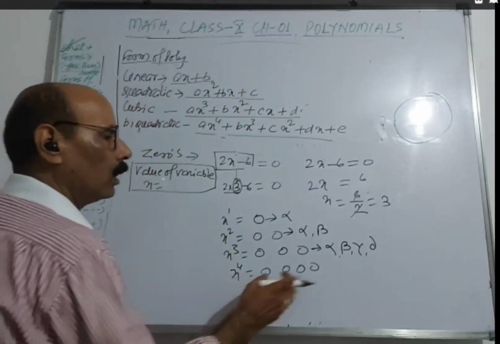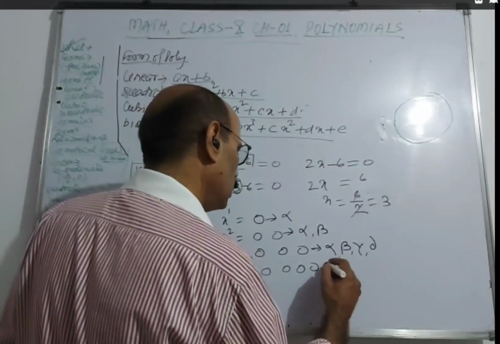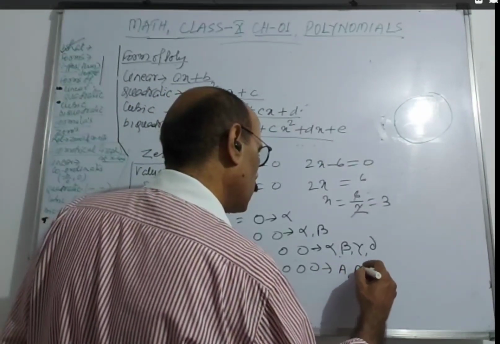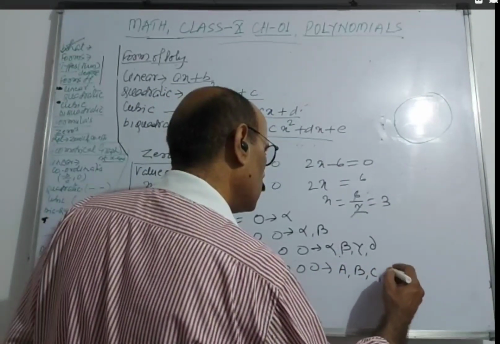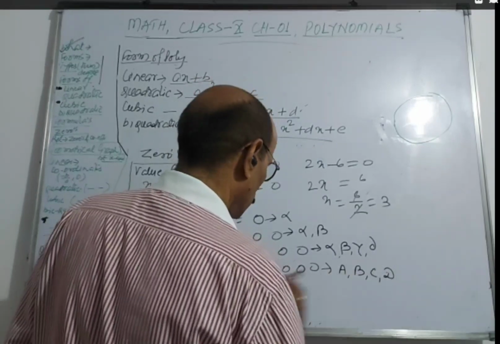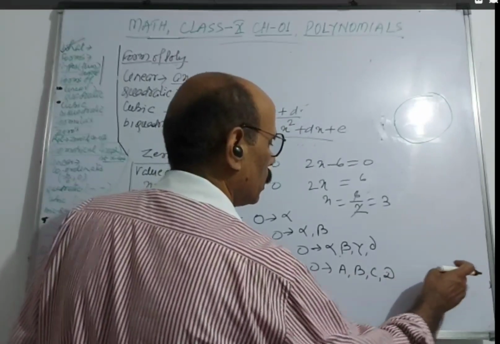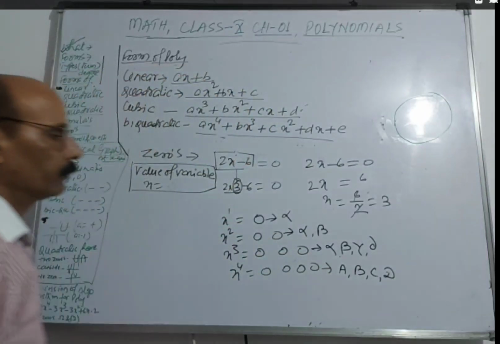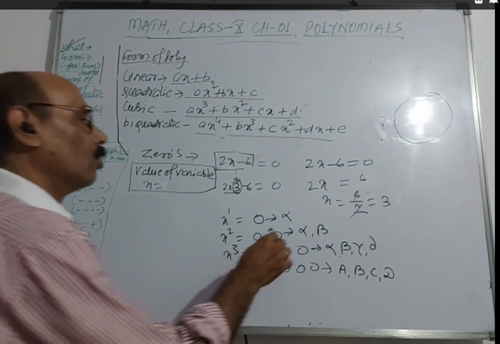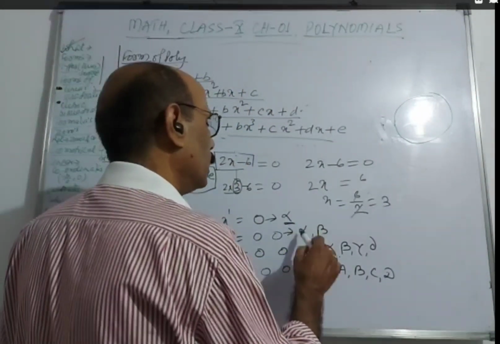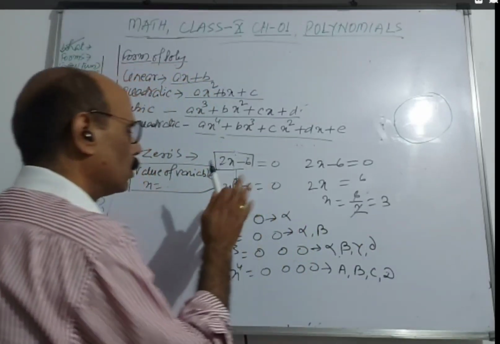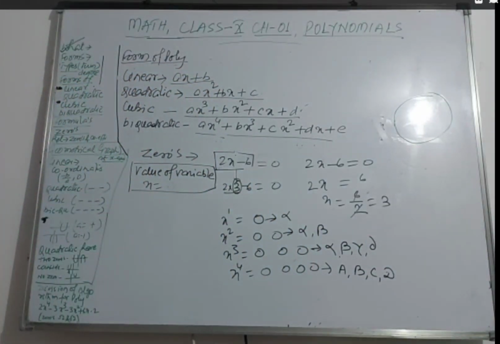If more than 3, generally denoted by capital letters A, B, C, D, and if more than this, E, F, G, up to that. So conventionally zeros are written in alpha, beta, gamma forms. That also you have to know. Now come to the form of polynomial we wrote.